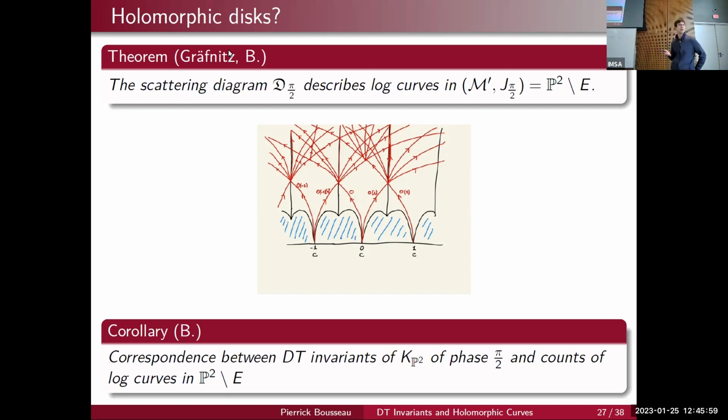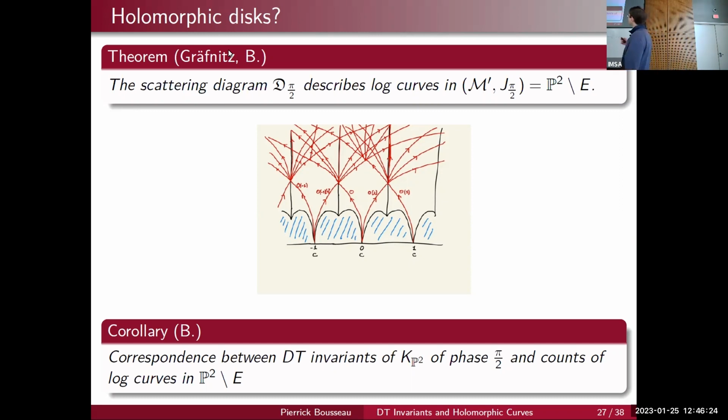So maybe more precisely, algebro-geometrically, what we are doing is compactifying P2 minus E as P2 with a divisor E. And what we are really doing is counting rational algebraic curves in P2 with appropriate tangency condition on E. And this is your algebro-geometric model for holomorphic disks in the complement.